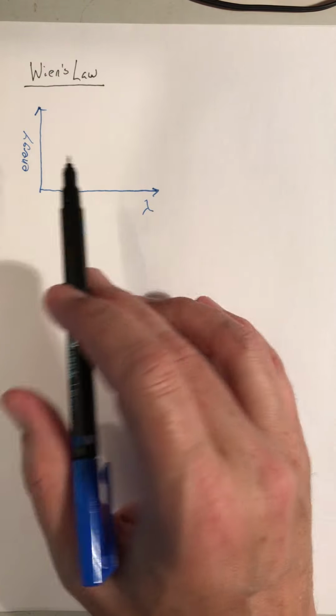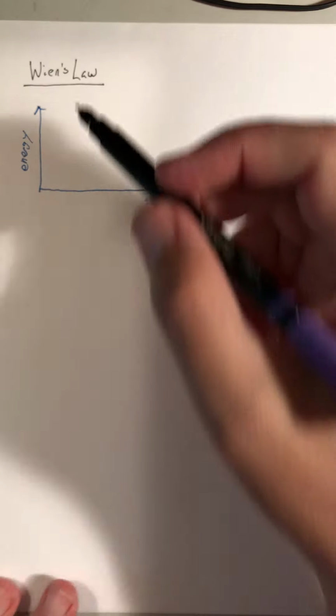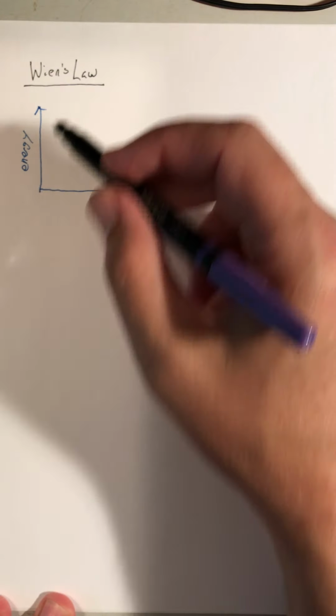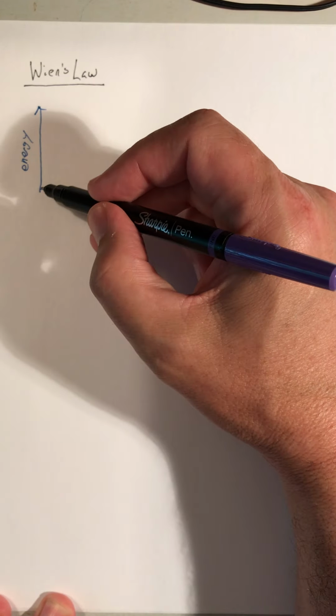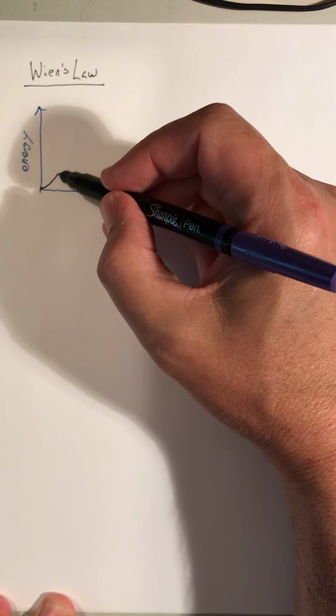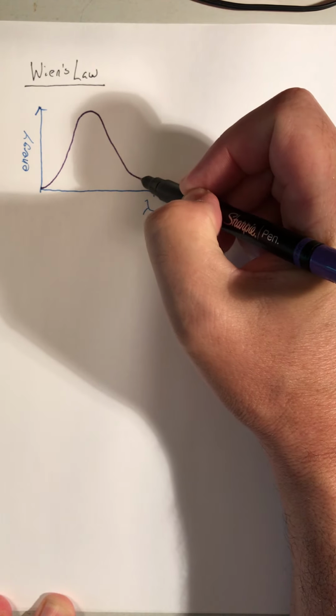It's actually energy per unit time per unit area. I'm not so concerned about that. And then the distribution of how energy is coming out at different wavelengths is going to go up, have some peak, and come down.